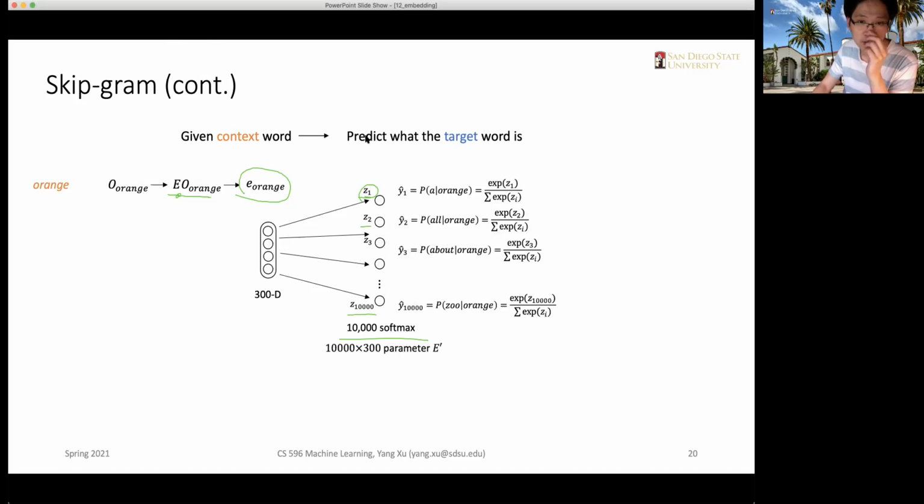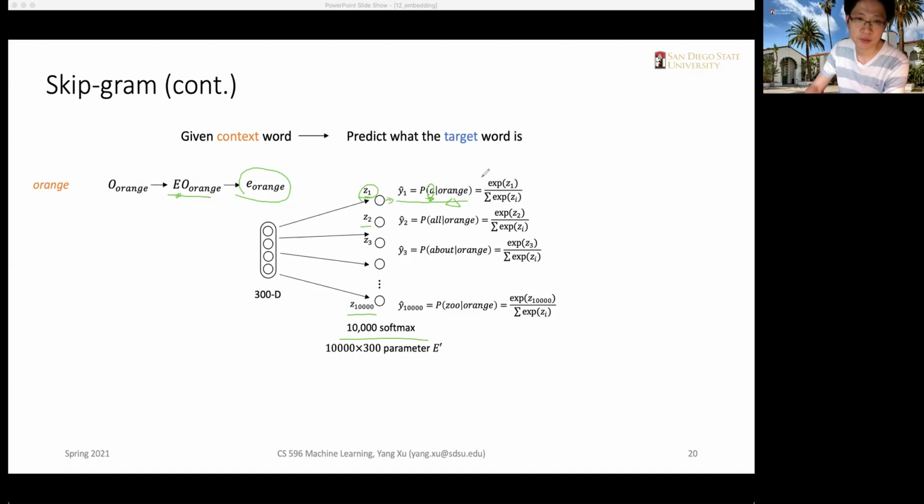And the meaning for each output unit in the softmax is the probability of the target word given that context, orange. For example, the first unit is the probability of the first word in the vocabulary, which is A, given orange.